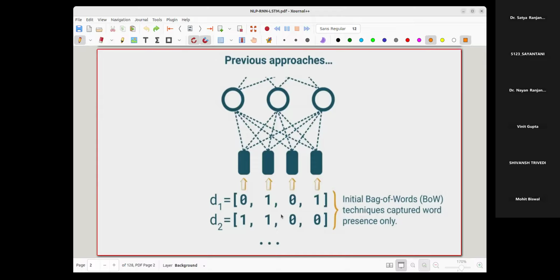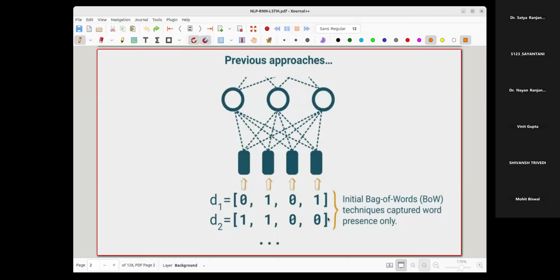Even if you use the TF-IDF method for converting the document into a vector, only those positions of the words will be converted into some numerical form. Instead of 1 and 0, there will be some real numbers, but the rest of the positions are 0. Another aspect of this document vector using bag of word or TF-IDF is that the size of the vector depends on the vocabulary size of the corpus.